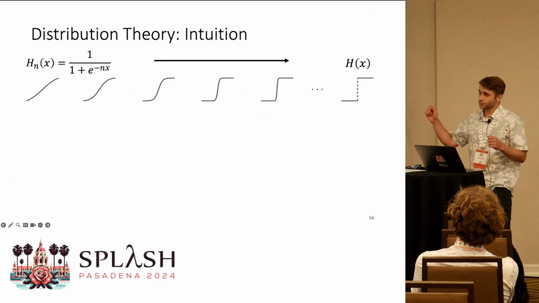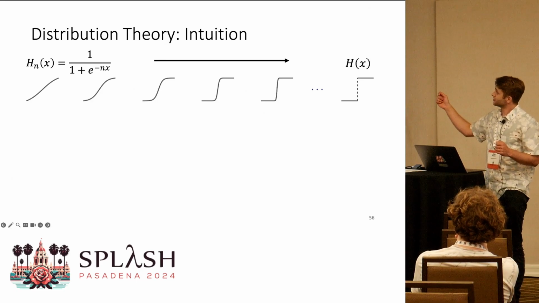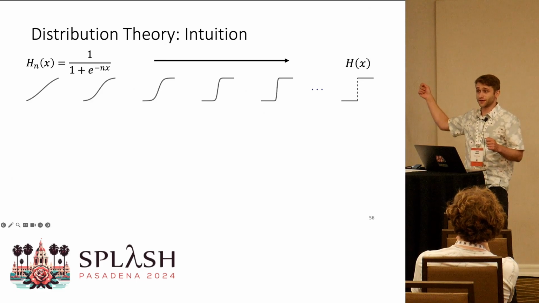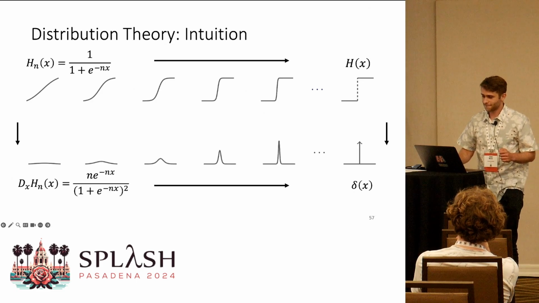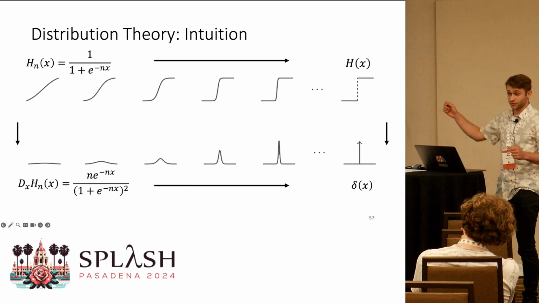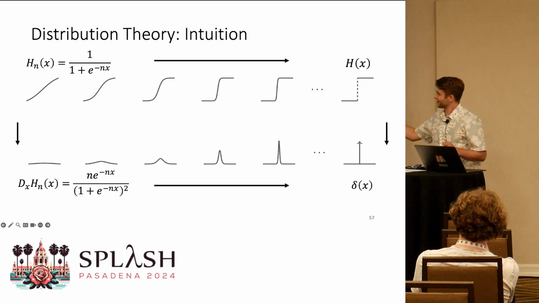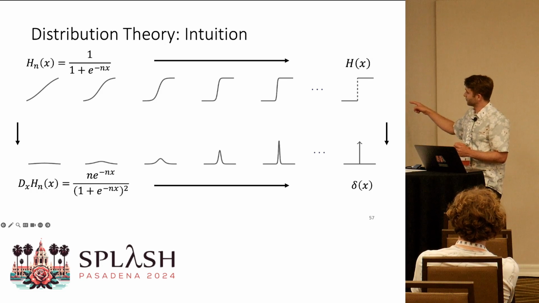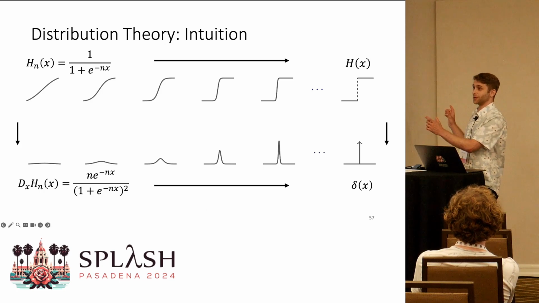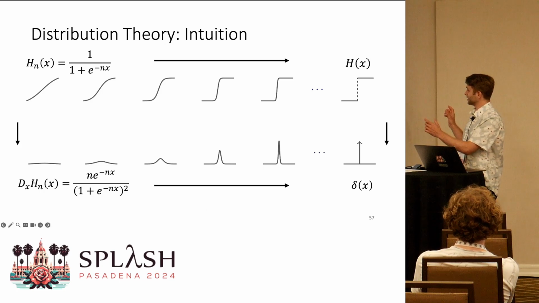We're going to take a sequence of smooth functions to approach that step function. And we're going to take the derivative of each of them. And we'll see sort of these derivatives slowly become more and more spiky until we get a function that's 0 everywhere, except at 0, where it's infinite.